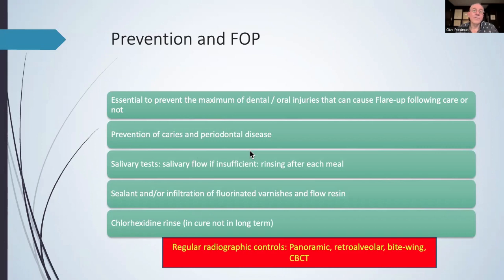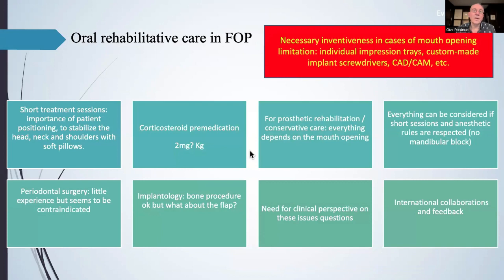The importance of continued radiographic controls is essential, especially if we have people who eventually get neck immobilities, so that you cannot take the radiographs that we need. For those individuals who have full opening, we can do things in an appropriate manner. There are methodologies that can enable us to provide the care that we need to do.